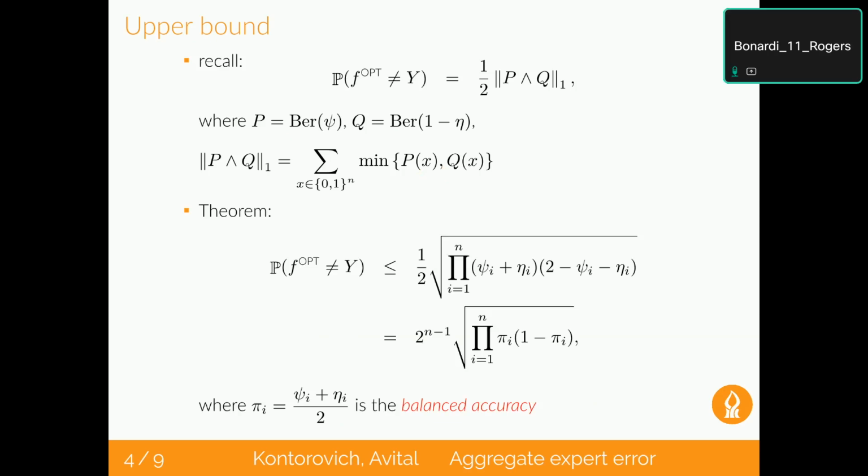And a simple upper bound looks like this. So I take the sensitivity and specificity, I average them. This is called the balanced accuracy, and I take the product of the square root of pi i times 1 minus pi i and multiply by 2 to the n minus 1. Let's do a couple of sanity checks.